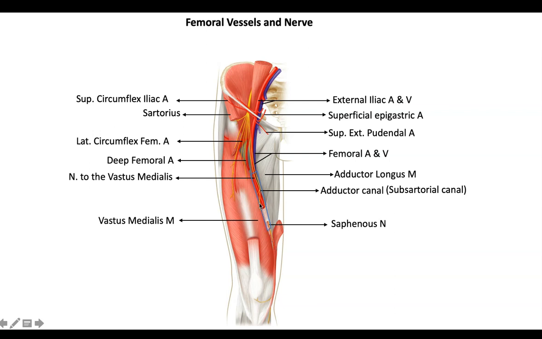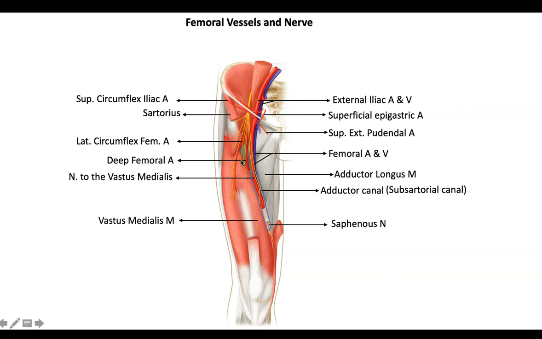So the adductor canal or subsartorial canal lies deep to the sartorius muscle and it contains the femoral artery, femoral vein, and also these nerves. This is the saphenous nerve and the nerve to the vastus medialis. These nerves are also coursing through the adductor canal.